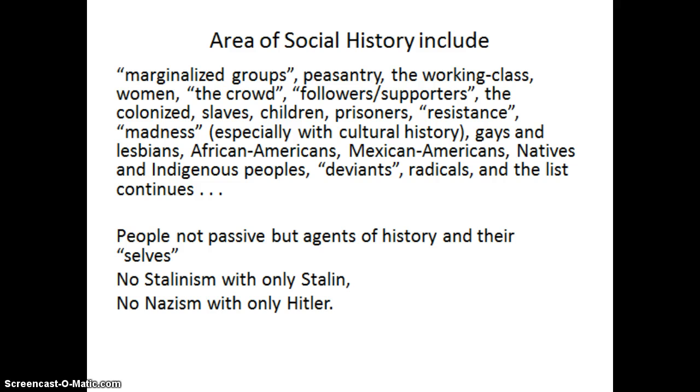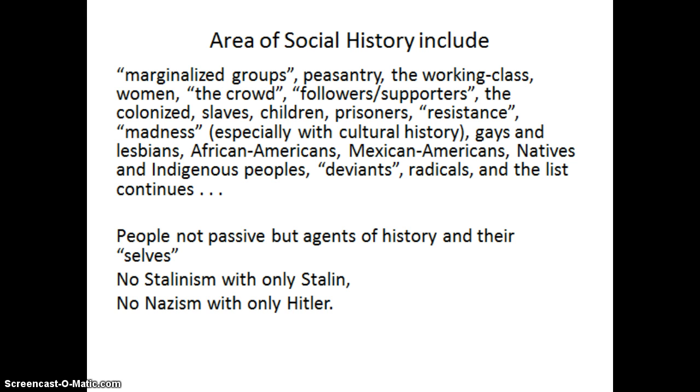The peasantry, the working class, women, the crowd, followers and supporters, the colonized, slaves, children, prisoners, resistance, madness, especially with cultural history, gays and lesbians, African Americans, Mexican Americans, natives and indigenous peoples, deviants, radicals, and the list continues.